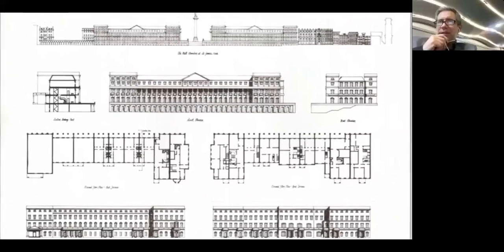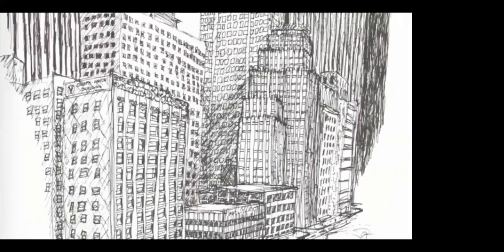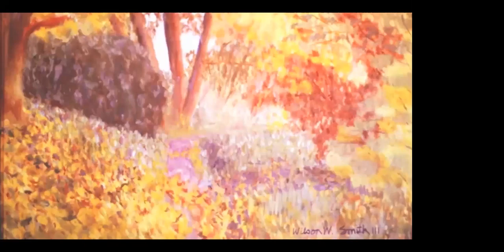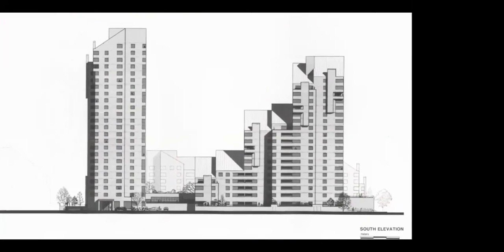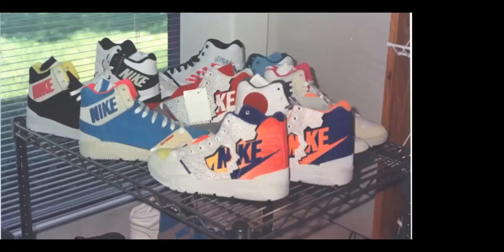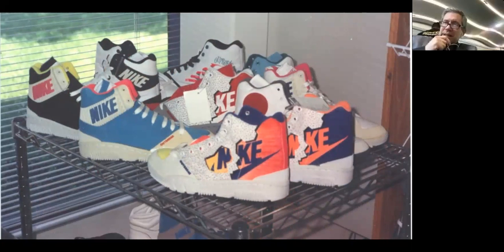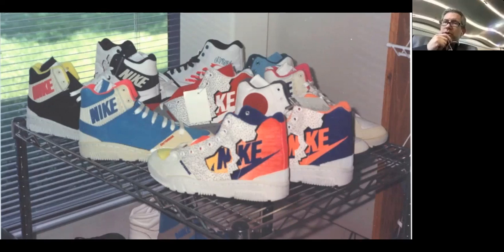I studied in Seattle and became an architect. I love to paint and eventually design these shoes. And we sold about as many as are on top of the table.